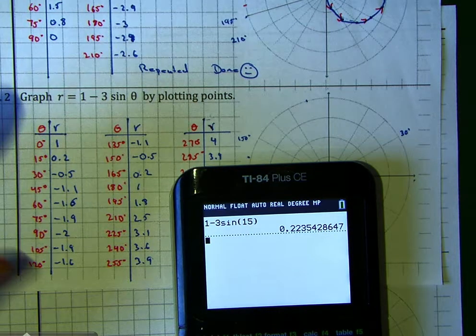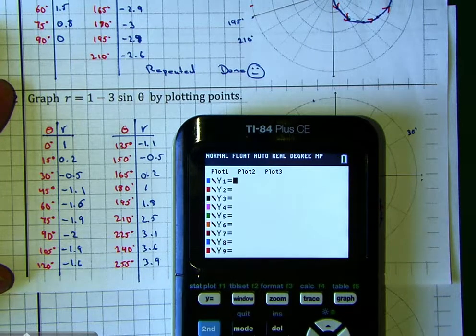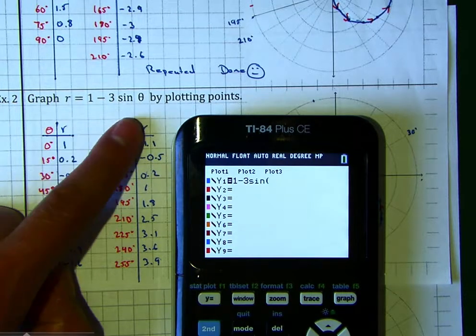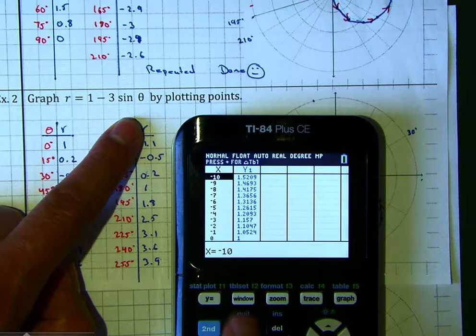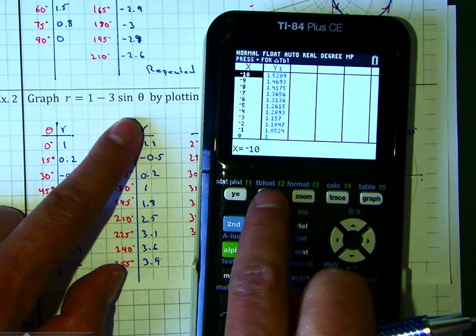Or some of you actually did something else. You went into your graphing calculator, pressed y, and typed in 1 minus 3 sine of theta, which we're going to label as x. And then you went into your table. You can look for the values, but you also remember that you can go into your table settings.